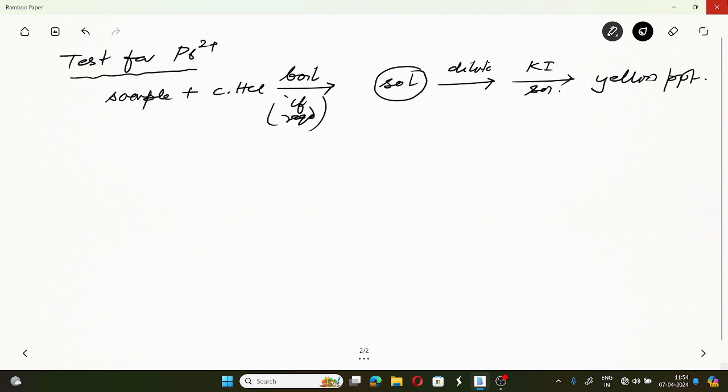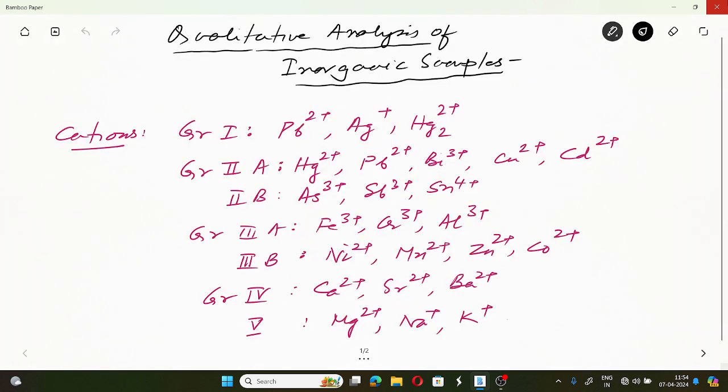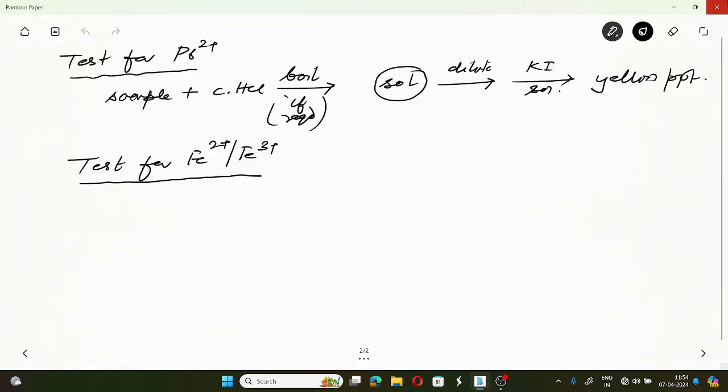Next, we come to the test for Fe2+ and Fe3+. See, in the syllabus you have Fe3+. But suppose you are provided with Fe2+, then it has to be converted to Fe3+.